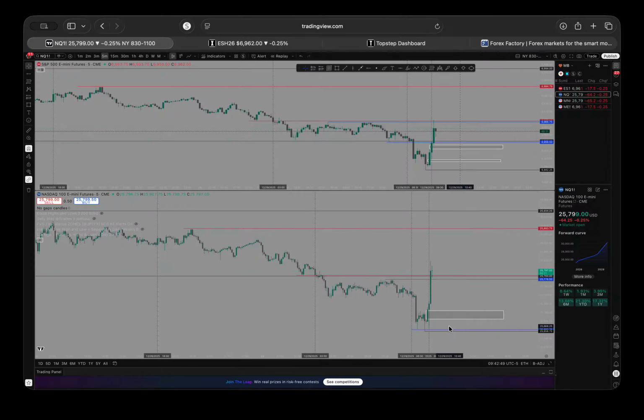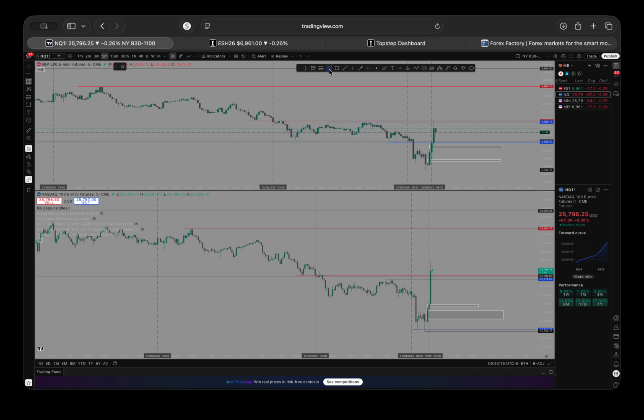Let's see. Could potentially draw an equilibrium here on ES once this candle is formed to see if it'll do. Well, we can do it.